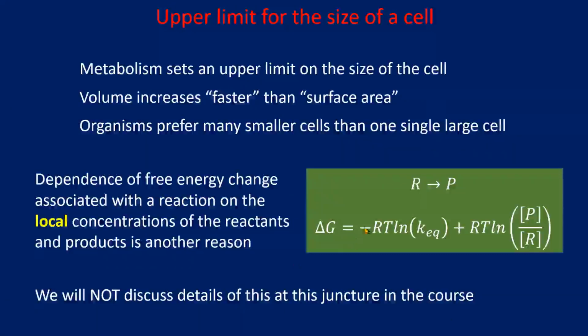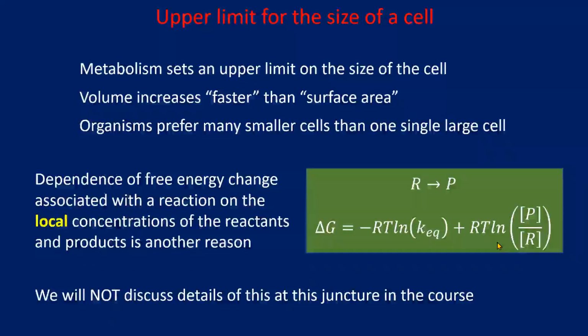Here we are thinking from the thermodynamics point of view. Let's say many reactions are going on inside the cell. Here we are taking a very simple reaction: this is the reactant, and it is being converted into product. The free energy change is given by this formula: delta G is equal to minus RT log K equilibrium plus RT log of the concentration of product divided by the concentration of the reactant.